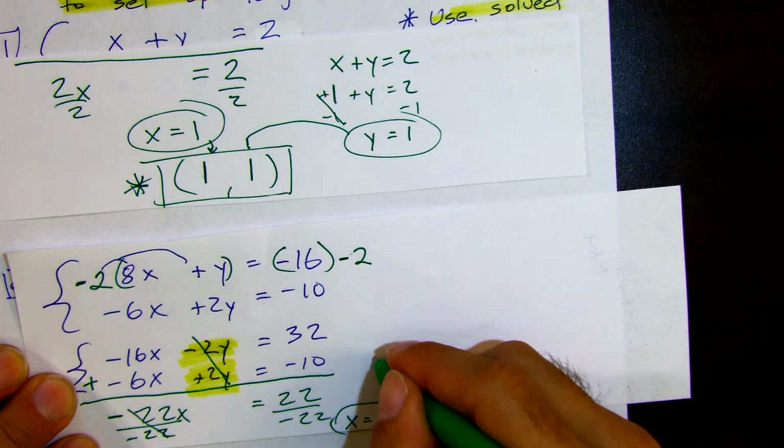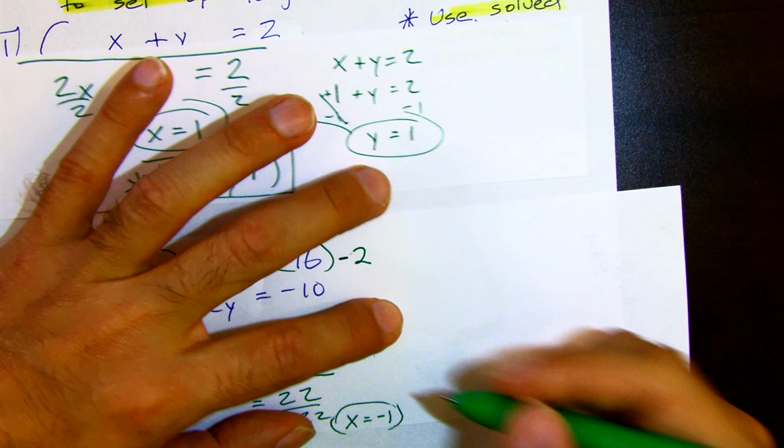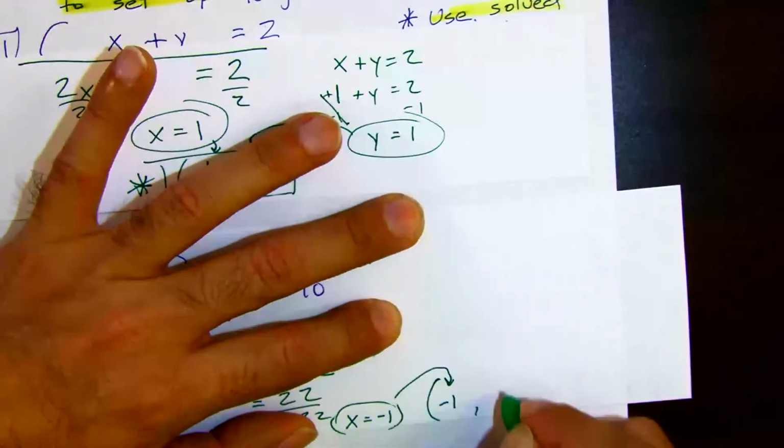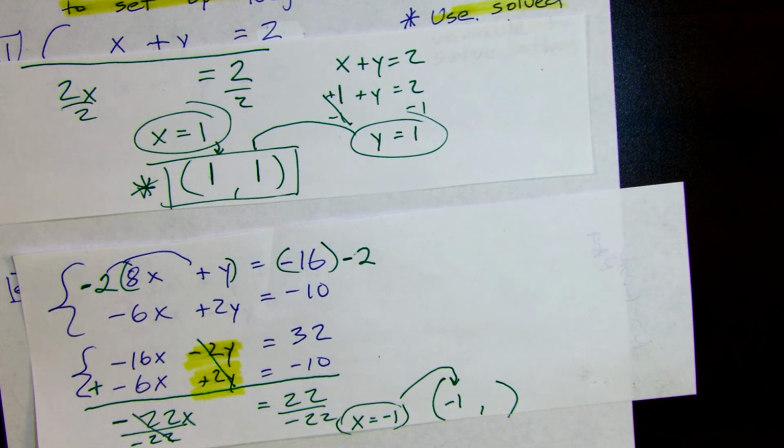That's part of our answer, right? Part of our answer is negative 1, but we've got to find the other part of our answer. Now, here's the thing. Remember, we've done half of it. You can take your x value and plug it into any of your equations.